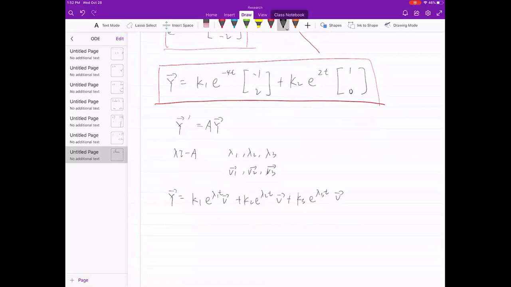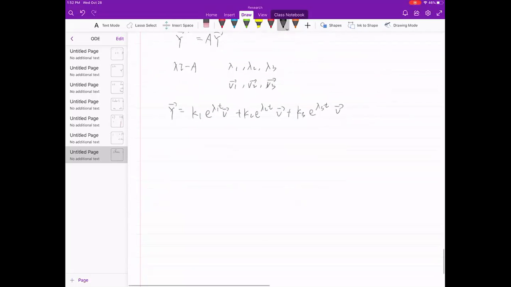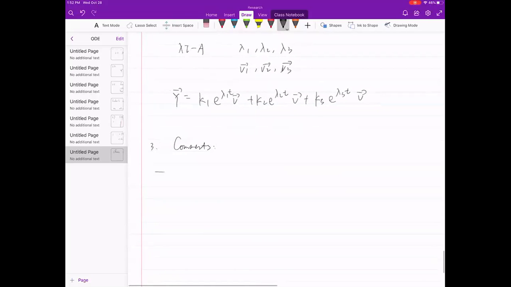Now, several side things we need to write down. Comments. The first one, let's just take 2x2 systems. Well, you need 2 solutions. You find 2 solutions. You do all the possible linear combinations of them.